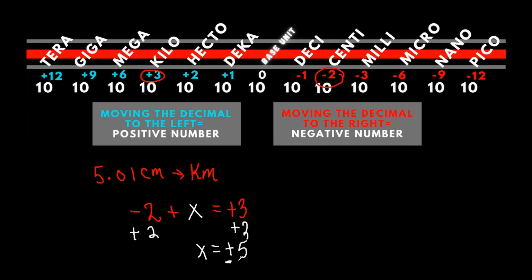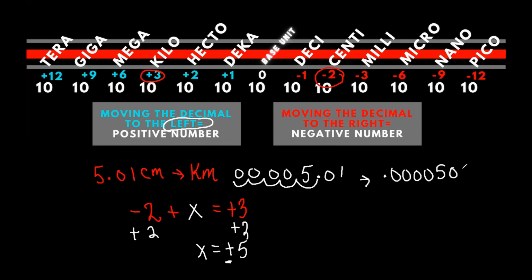Plus tells me that I have to move the decimal to the left. Let me go ahead and write it here. 0, 1. And I'm going to move it to the left 5 times. 1, 2, 3, 4, 5. And the zeros, my final answer then is 0.0000501.